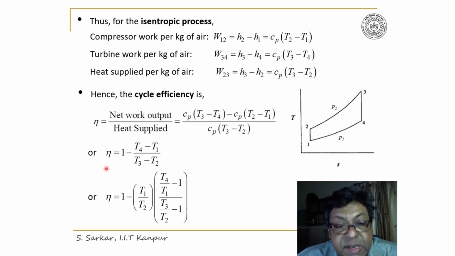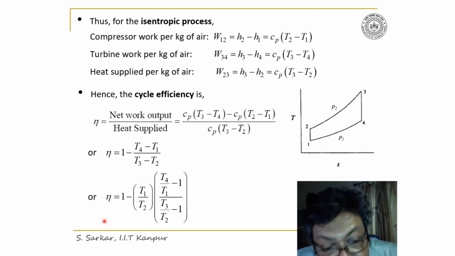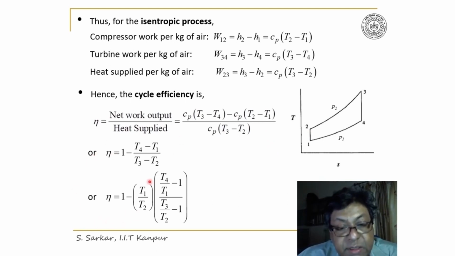Thus, eta can be expressed as 1 minus (T4 minus T1) divided by (T3 minus T2), which can be expressed as 1 minus T1 by T2 within the bracket (T4 by T1 minus 1) divided by (T3 by T2 minus 1). So I can express eta in the form I have stated here.